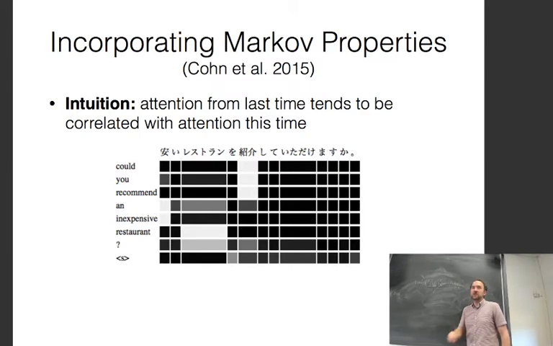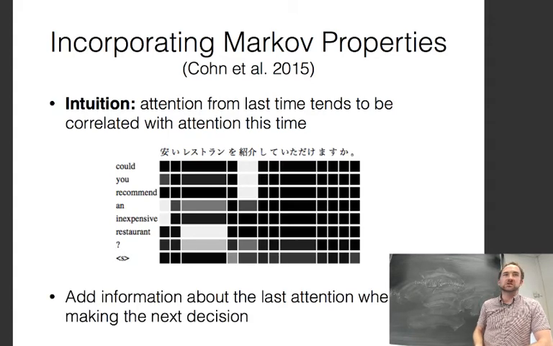So the idea is you use information about what it attended to last time when making the next attention decision. There's a bunch of different ways you could do this. This paper investigates one, and there are others as well. Like, I didn't add this to the references, but there was a thing on recurrent attention, where you train a recurrent neural network to learn this for you.